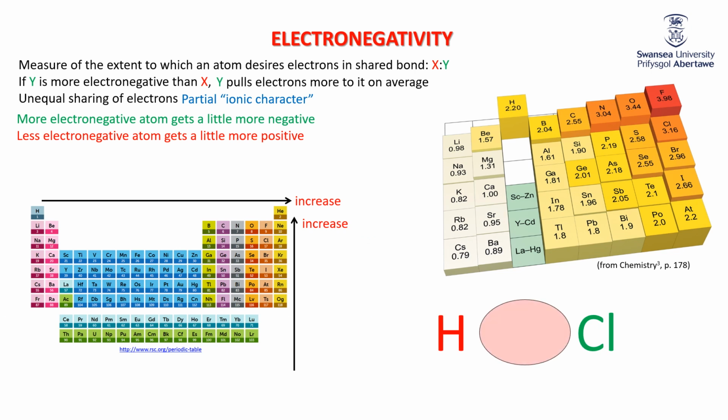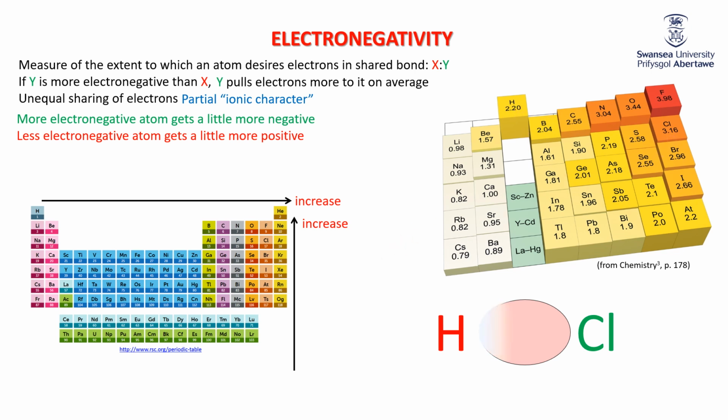If we just think about, say, hydrogen chloride, this pink oval represents the electron density that would be there if it was a nice equal sharing of electrons. However, chlorine has an electronegativity of 3.16, hydrogen 2.20.